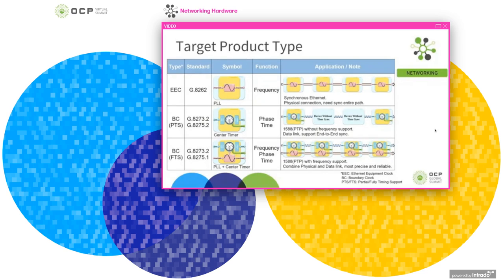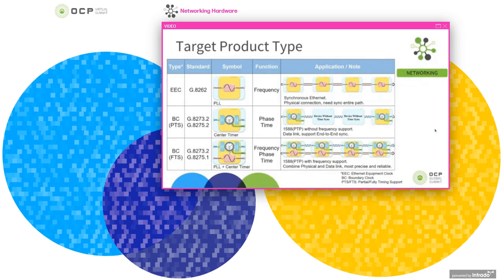Here it is separated into two types: partial time support and full time support. In the partial time support, we provide a central timer in order to deal with phase synchronization and time synchronization. In the application, it is much more flexible because you don't need the whole network to support time sync.